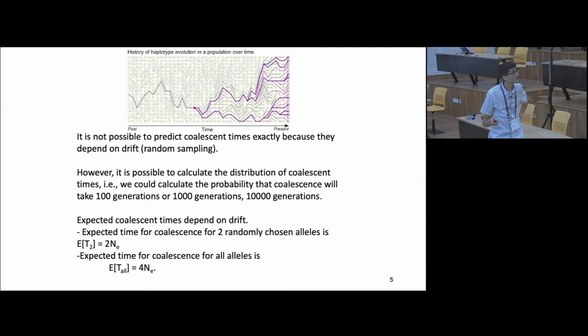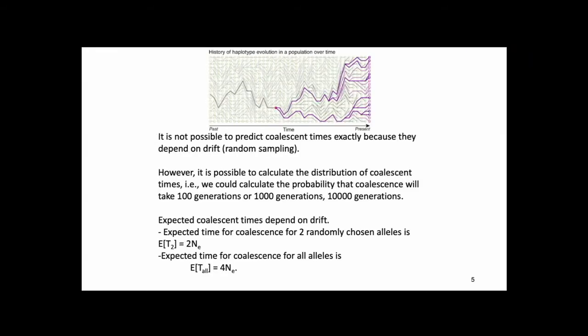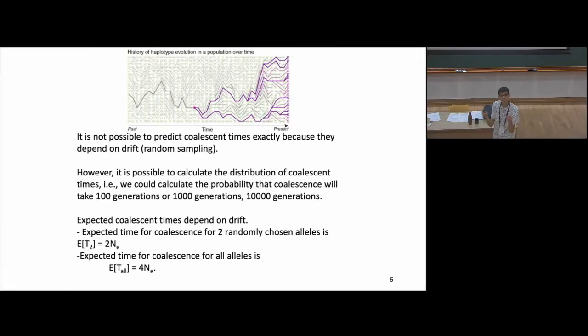So what we're going to think about is, if we sample two alleles at random, how long would it take for those alleles to coalesce? Well, the point of the last figure is that it depends on which two alleles you're talking about.